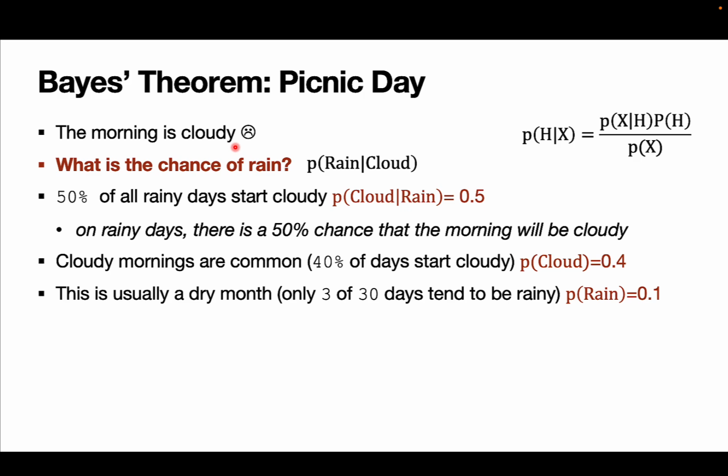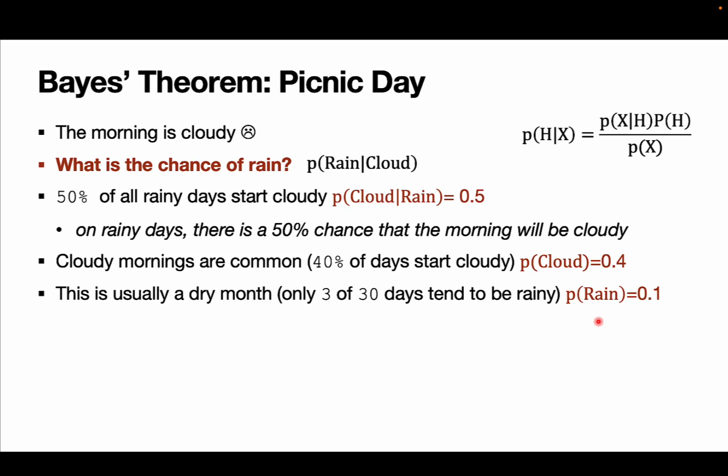So 50% of rainy days start cloudy, which means the probability of cloud given rain is 0.5. Cloudy mornings are common, 40% for the probability of cloud. And this is usually a dry month, so 3 out of 30 days tend to be rainy.